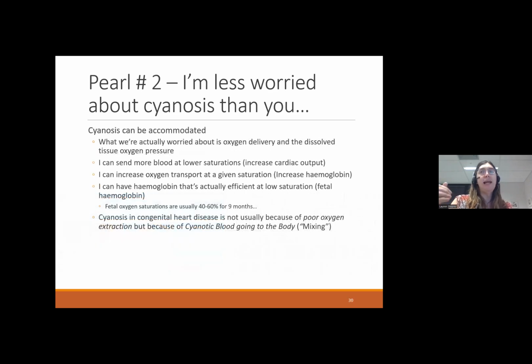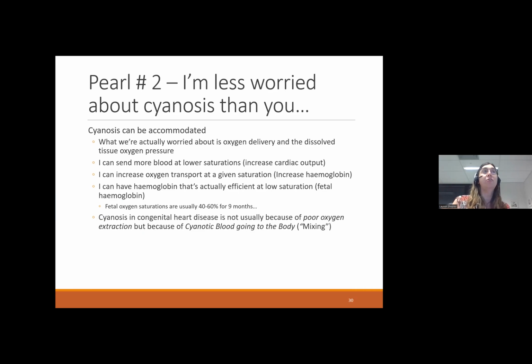What we're usually actually worried about is oxygen delivery and the dissolved tissue oxygen pressure, because that's what the cells actually need to perform aerobic respiration. If I send more blood at lower saturations, I'm still going to deliver that oxygen, so I can increase my cardiac output.